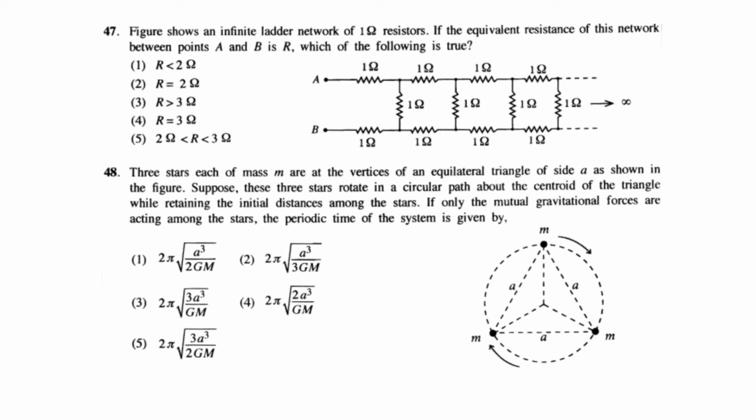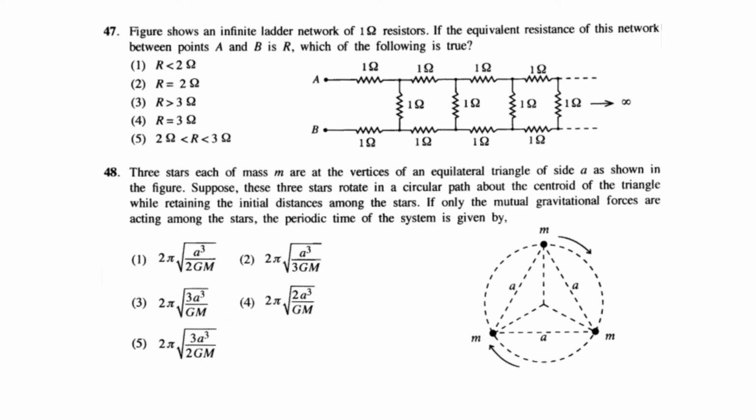Centripetal force is given by m r omega square. The centripetal force is provided by the gravitational force towards the centroid of the triangle, that is 2 times G m times m divided by A square cos 30 equals m r omega square.